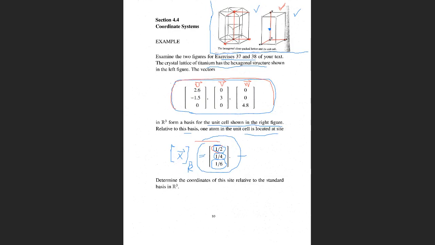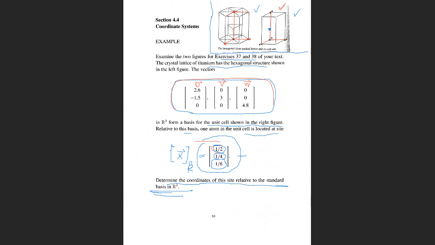Well, of course, it would help to know what x is, but what we're going to do, I'll move to the next page. Well, no, I'll go down a little bit. What we're doing is we want to determine the coordinates of this site relative to the standard basis in R cubed. So when they say that, then you know the coordinates of the site relative to the standard basis in R cubed.